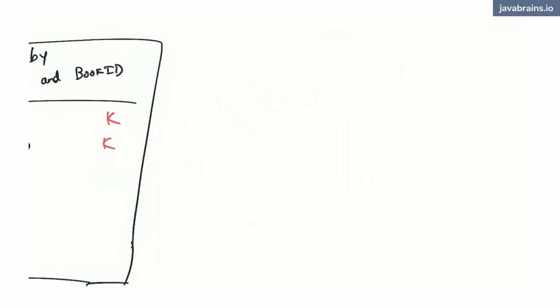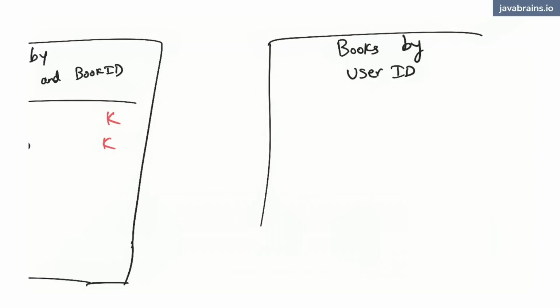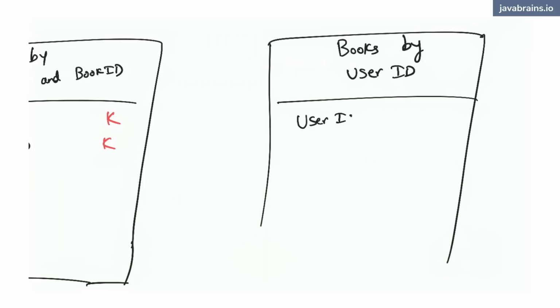All right, and then finally, I'm going to have all the recent books read by a user. So I'm going to basically store all the books by a user. Right? I'm going to say books by user ID. Okay, and this is going to have the user ID be the partition key.